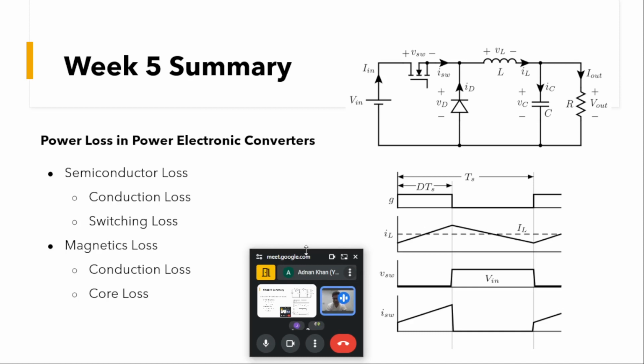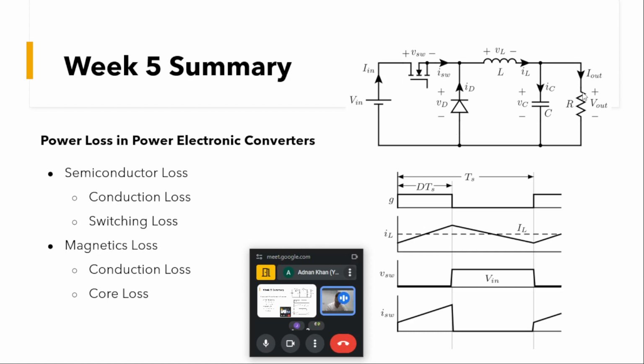Now moving towards the power loss component in our converters, there are mainly two main power losses. One is the semiconductor losses. These are the losses that are associated with the devices.